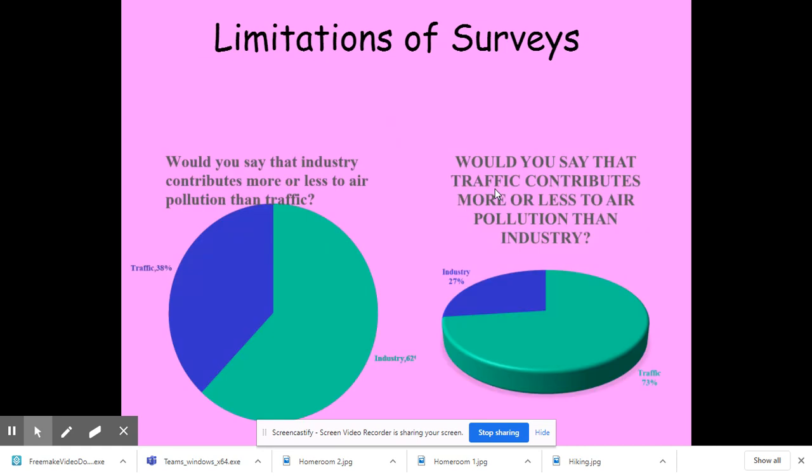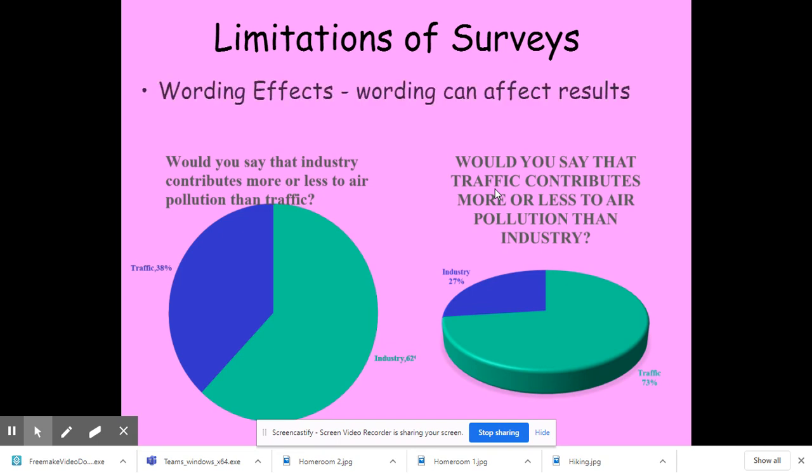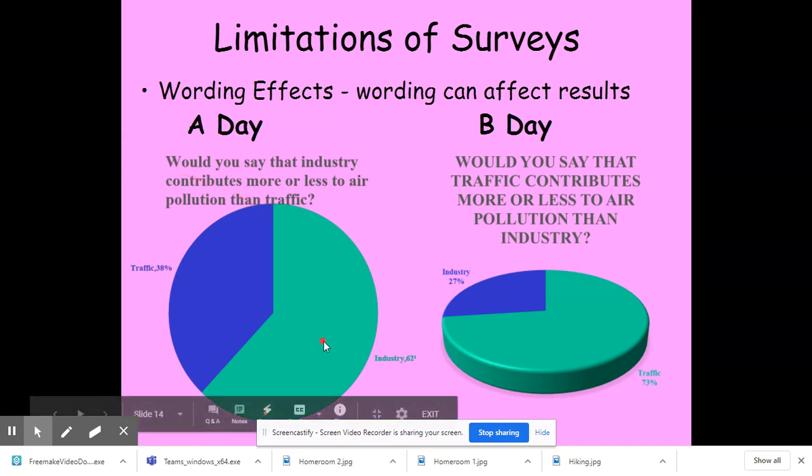Some of the limitations of surveys: one of them is what's called wording effects. The wording of a question can greatly affect the responses. Here is something I've done with my classes for the past couple years. I asked A Day, would you say that industry contributes more or less to pollution than traffic? 62% said industry.